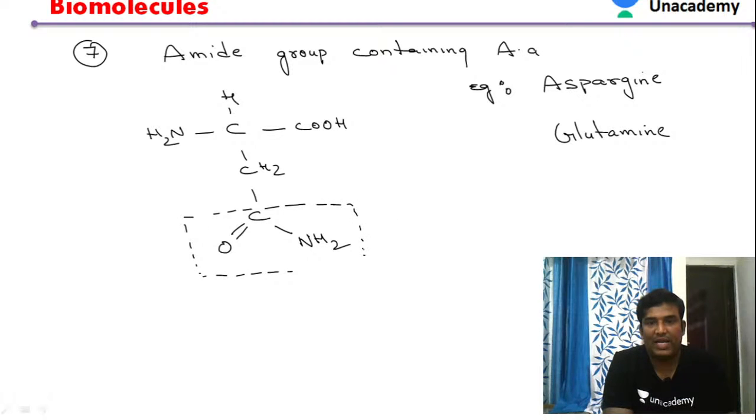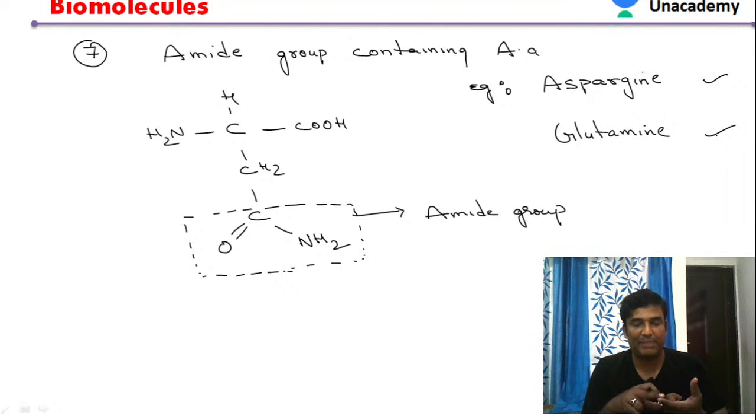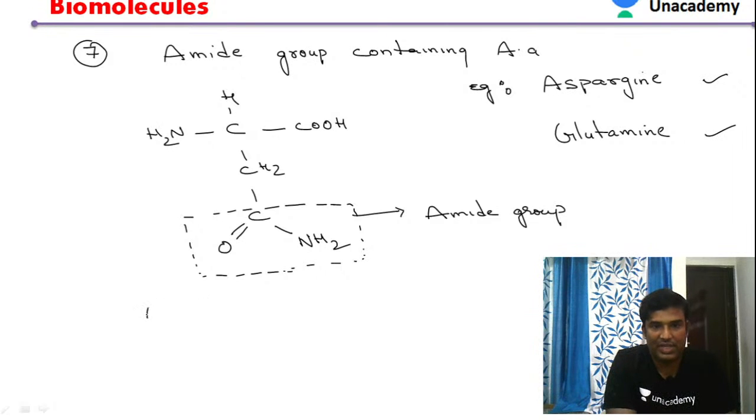Now this one is called the amide group. So amide group containing amino acids, the best examples are asparagine and glutamine. Asparagine and glutamine are the amino acids which are having an amide group. You can see here, the structure which I have drawn is of asparagine.